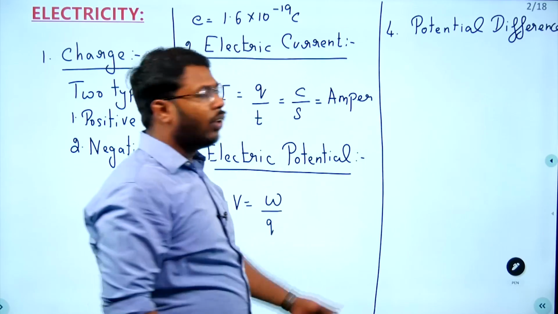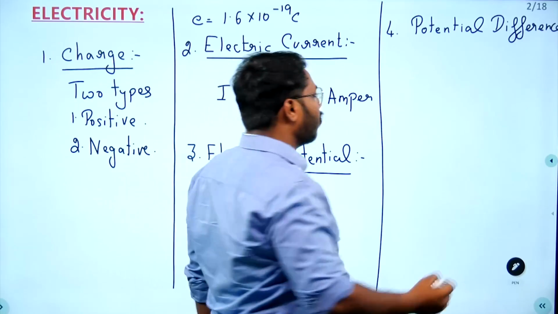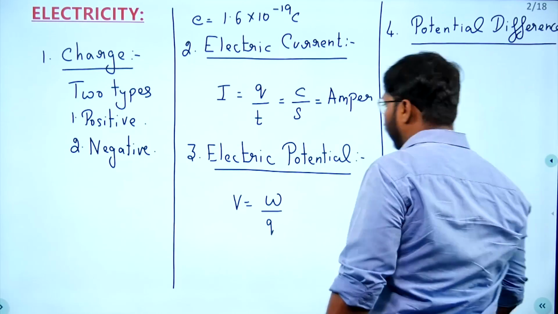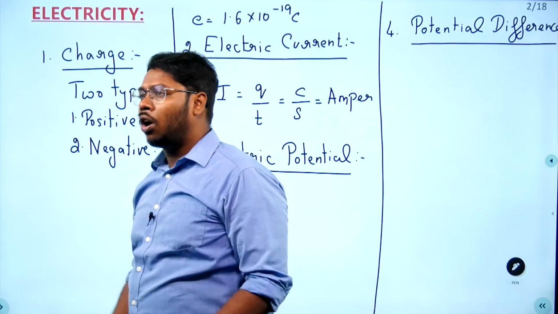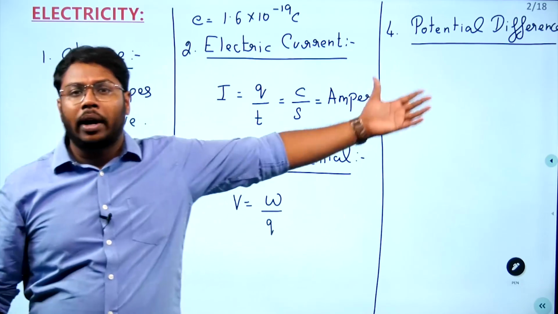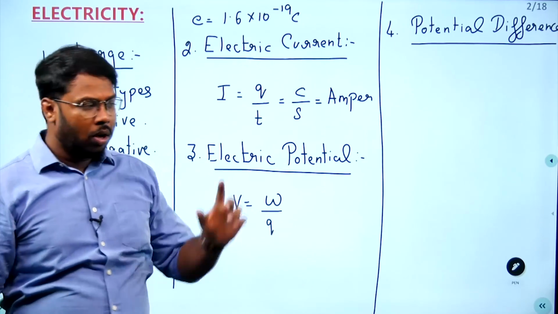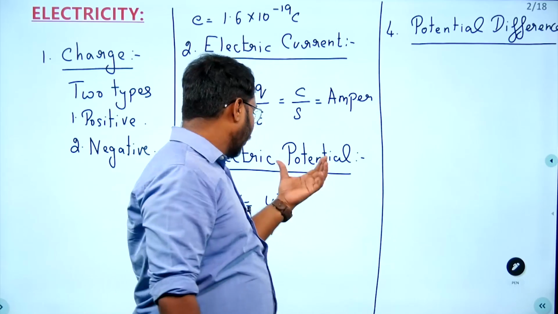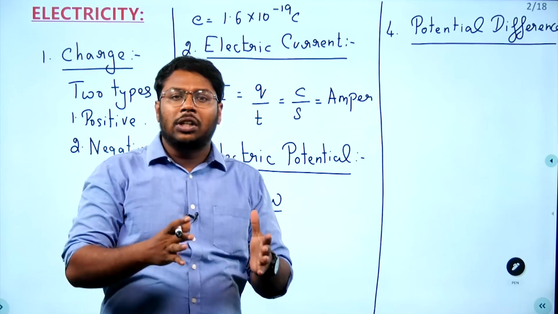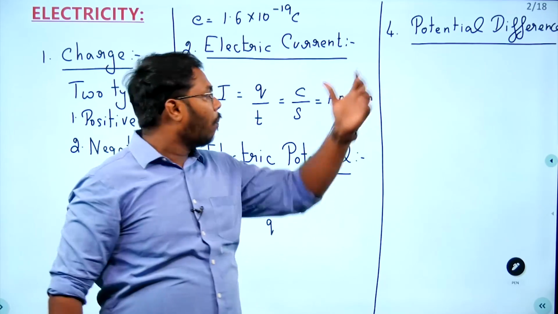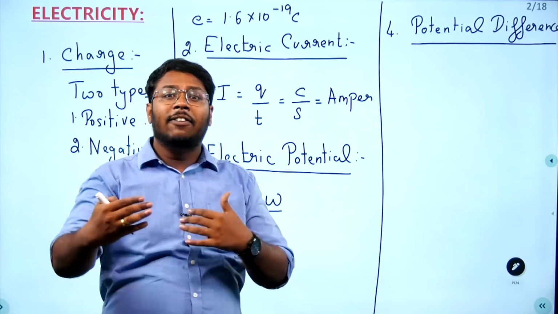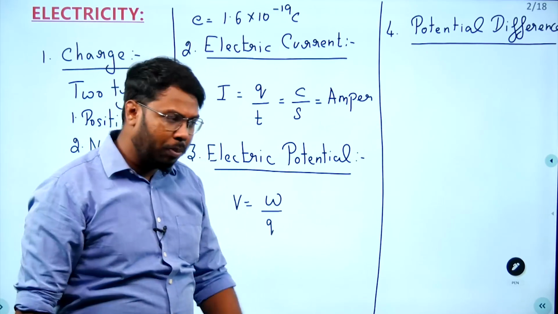We would have heard about this particular term frequently, but again most of the students are not physically clear with what exactly it does. Potential difference. Already we know what the potential is. Potential is the ability to do work. Potential difference is the difference of the work. What do you mean by that?